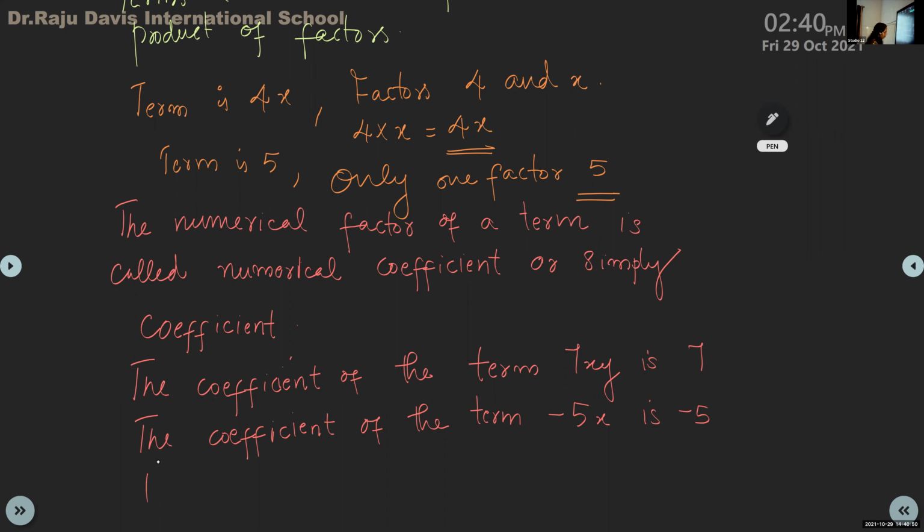And what about the coefficient of the term negative x? Can you tell? Negative 1. Negative 1. Okay.